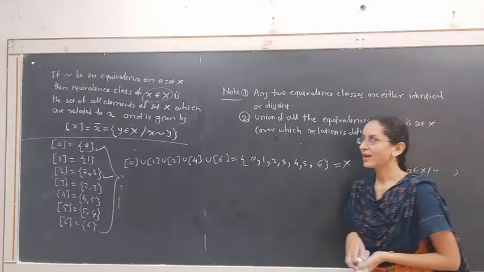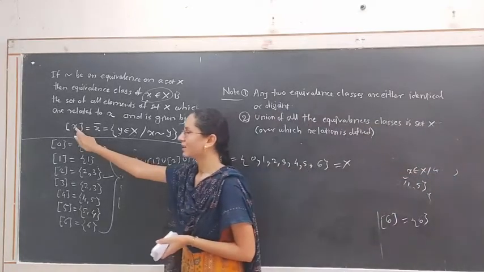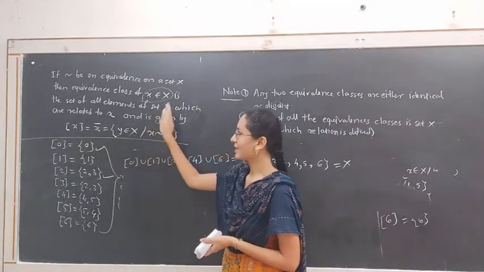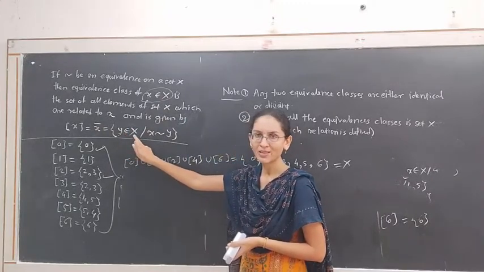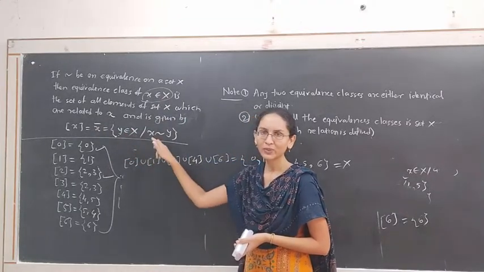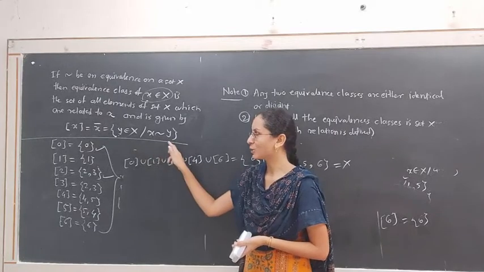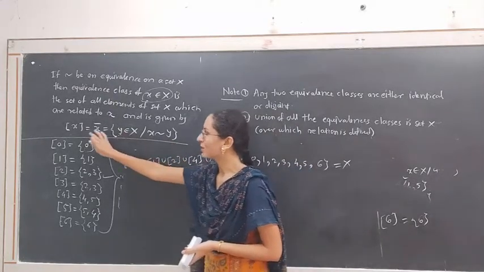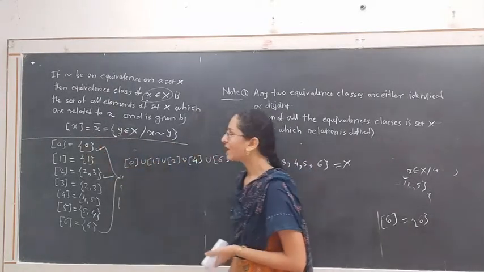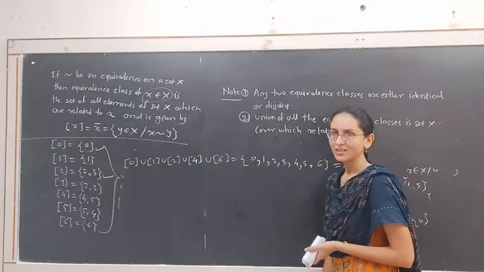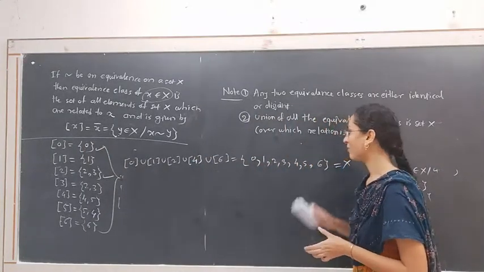For example, if we are finding the equivalence class of x, where x belongs to set X, then it contains the set of all elements y belonging to X, to which x is related. If x is related to y, then y belongs to equivalence class of x. If y belongs to equivalence class of x, then x also belongs to equivalence class of y.